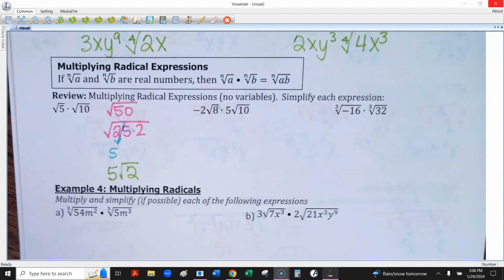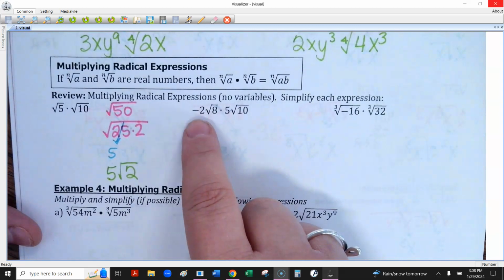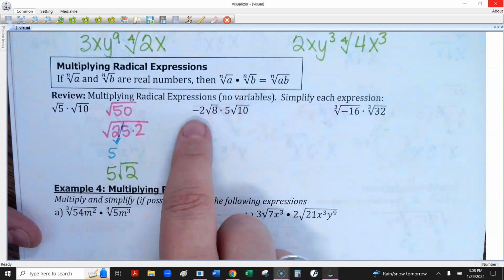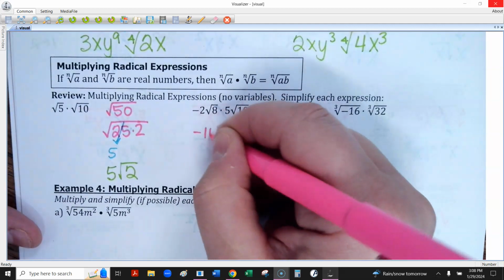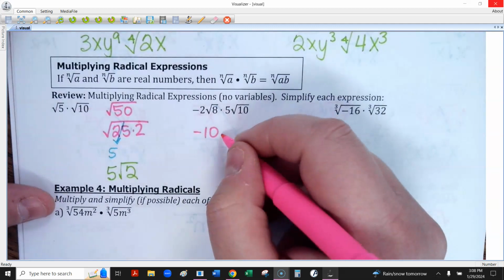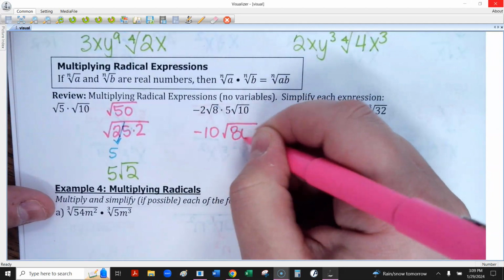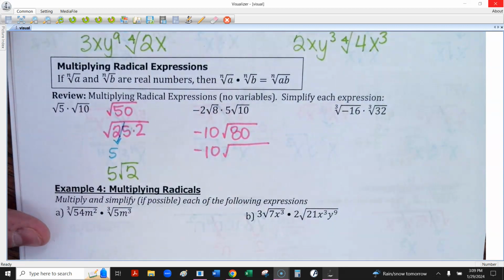All simplified. If you have numbers on the outside, like I have negative 2 roots of 8 and 5 roots of 10 here, just multiply the numbers together on the outside. So negative 2 times 5 is negative 10. That'll be on the outside. And then we're going to squish the square roots together. 8 times 10 is 80. And then we're going to break that up. The biggest perfect square that goes into 80 is 16.